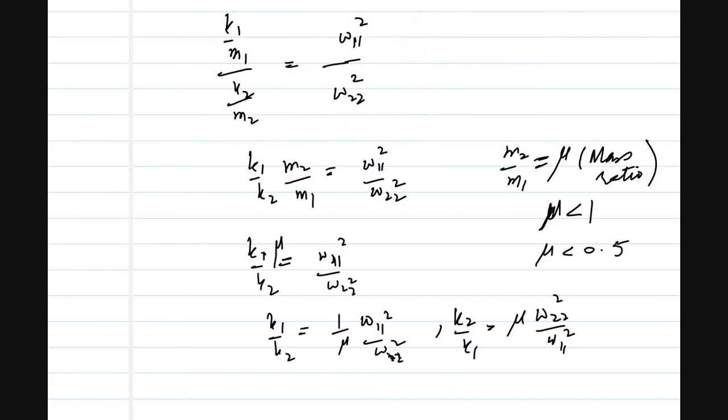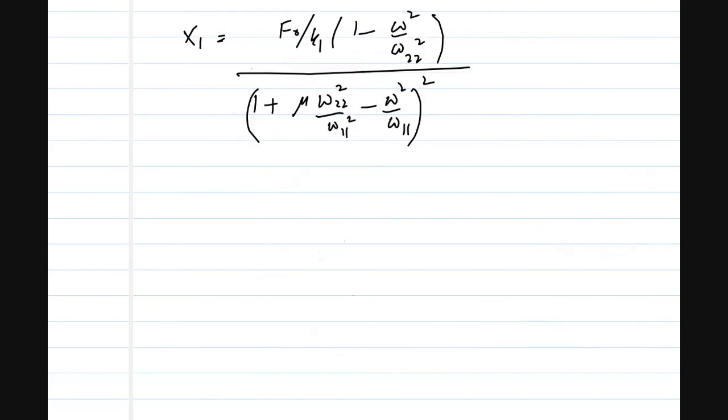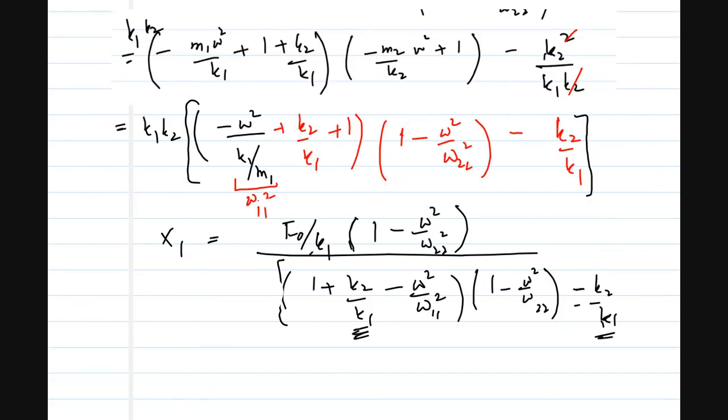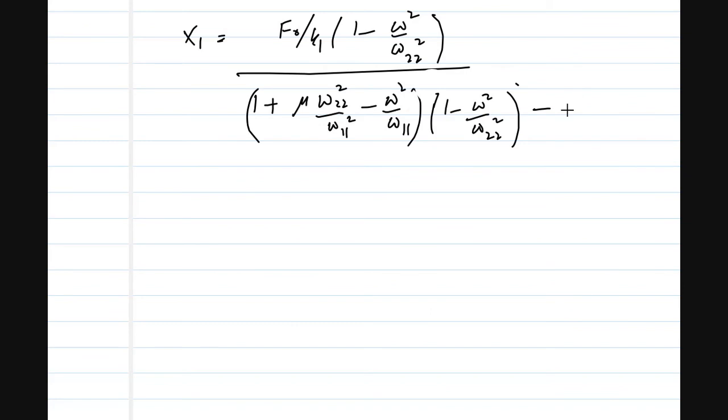This is your first term, the second term is the same, it's 1 minus omega square over omega 2 square, not whole square, sorry, minus k2, it's the same value again, so it's mu omega 2 square over omega 1 square. This is the final expression of x1, you call it as A.